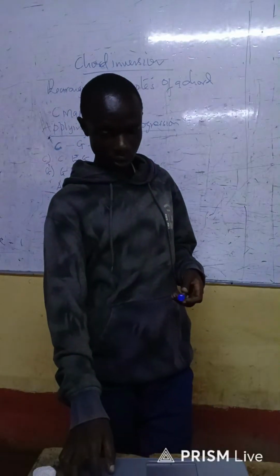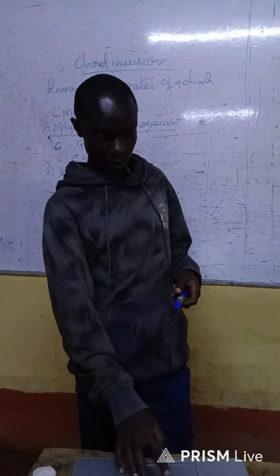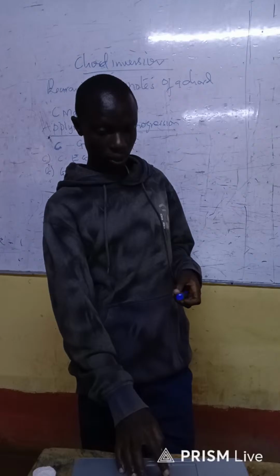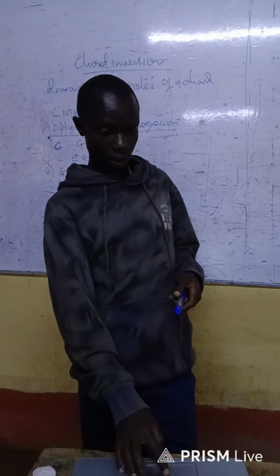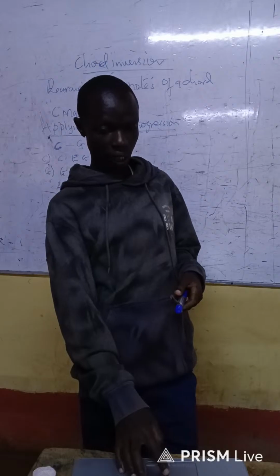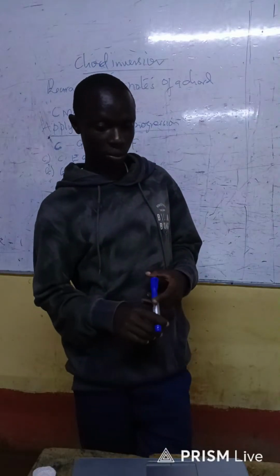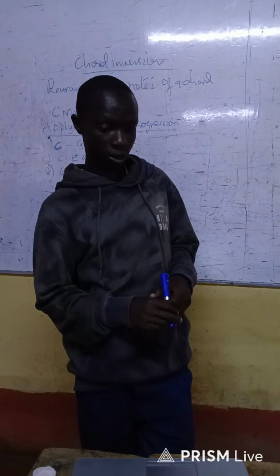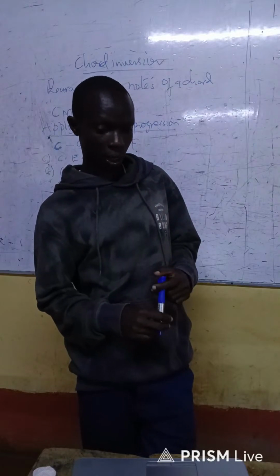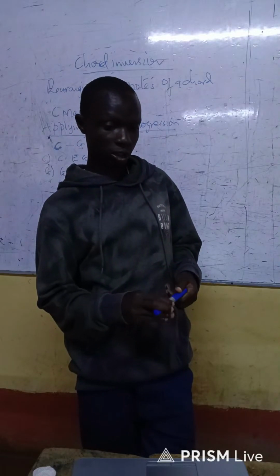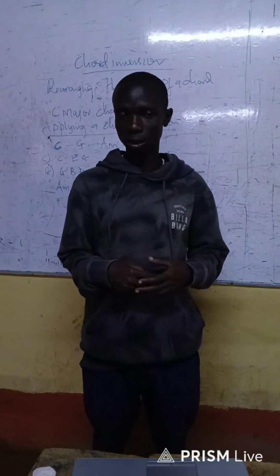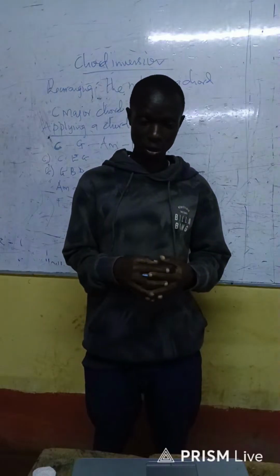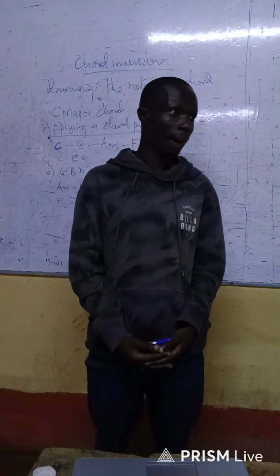Our lesson. We have already exhausted what we call chord progression and inversion. Now we have other things that can be used. Make sure when you do this, the chords make harmony, and that is how music is generated.